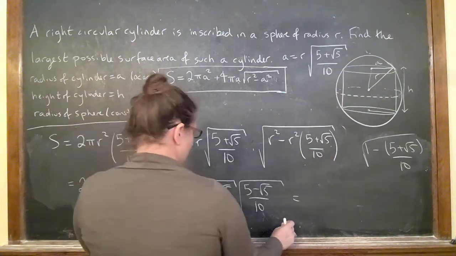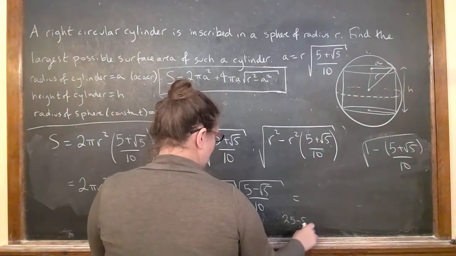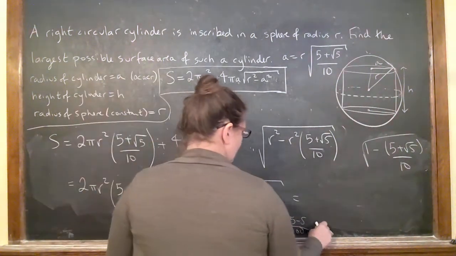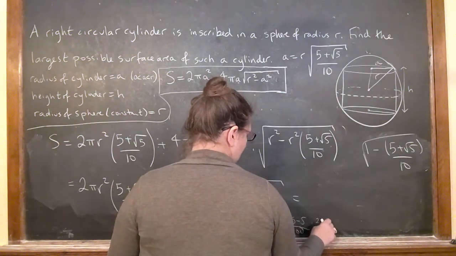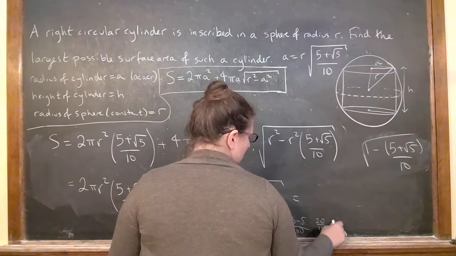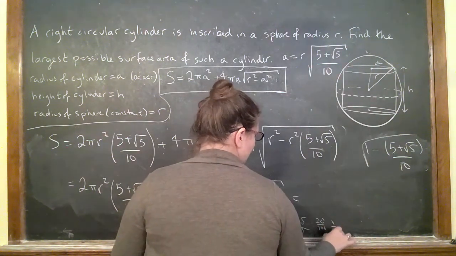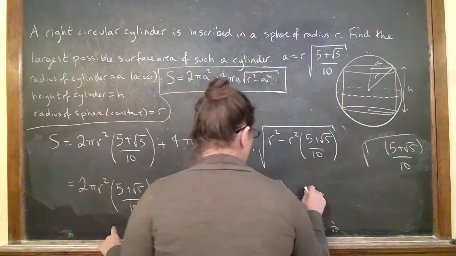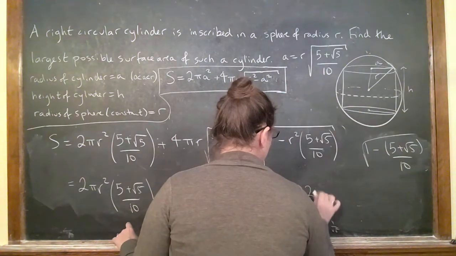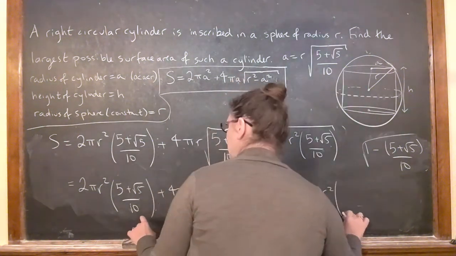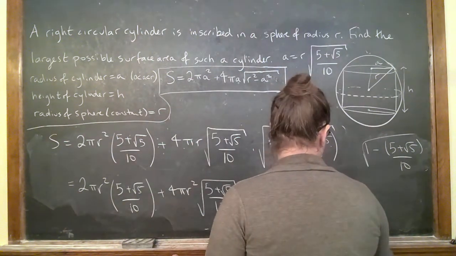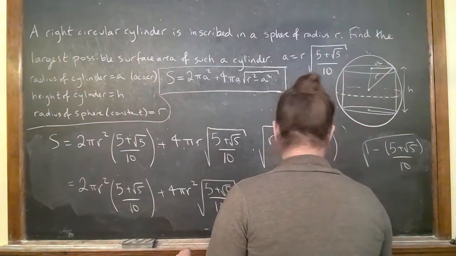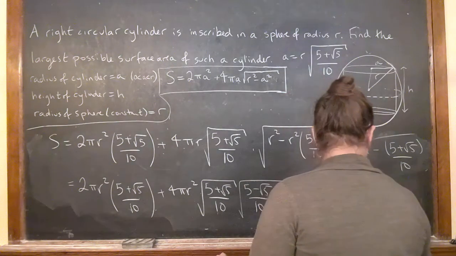So what I end up with is 25 minus 5 over 100, right? That's 20 over 100, so 1 over 5. So this is 1 over the square root of 5. So whatever this is, I've got 2 pi. I bet we can come up with a nice answer here. 2 pi r squared in front of 5 plus root 5 over 10 plus 2.